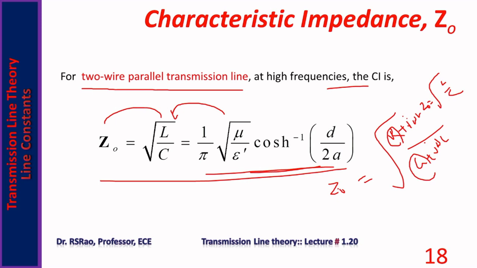It is independent of the line. Any type of line, this is the story. At high frequencies, it is always root L by C. But we have expressions for L and C, the primary constants, for the coaxial line, for the two-wire line and all that. So substitute those expressions, you will get this.